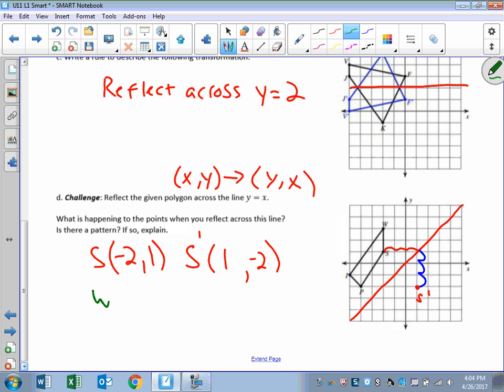So like W is at (-2, 3). So we know that W prime is going to be at (3, -2), because we just switched the numbers. So (3, -2) would be here.